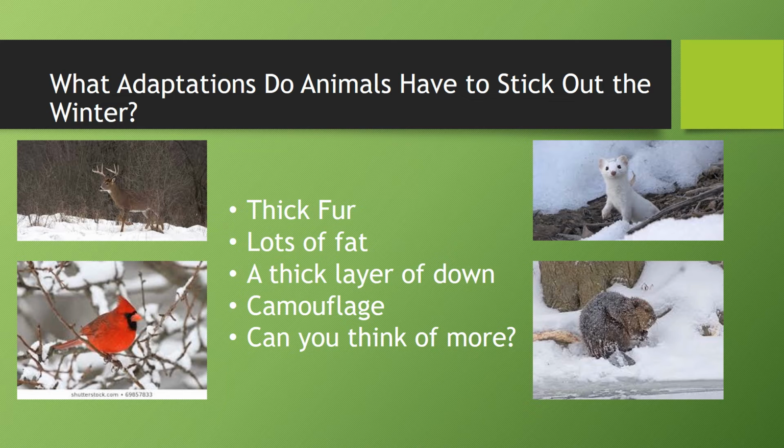Then we have the short-tailed weasel, or in this phase, when they're white with a little black tip, they're called the ermine, E-R-M-I-N-E, ermine. And then the beaver and the northern cardinal.